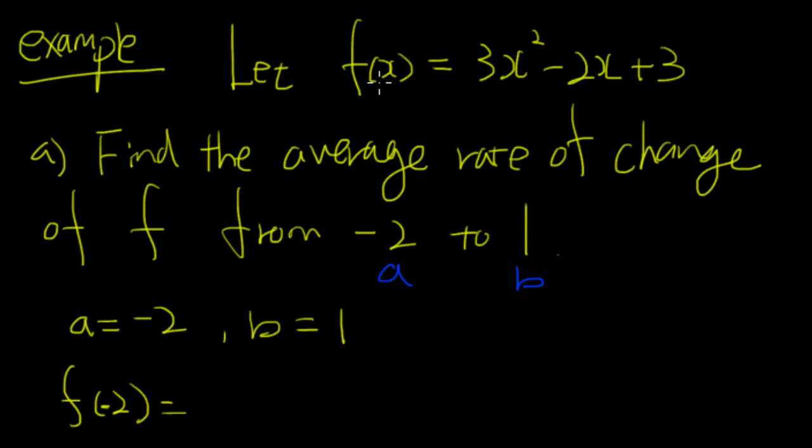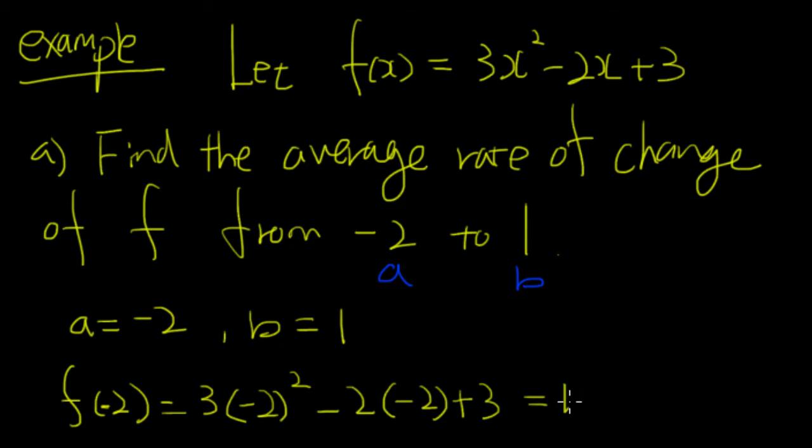If we replace this x by -2, then it will be 3 times (-2) squared, minus 2 times -2, plus 3. So what would that be? That's -2 squared, that's 4. 3 times 4 is 12. And -2 times -2, that's +4, plus 3, so that should be 19, right?